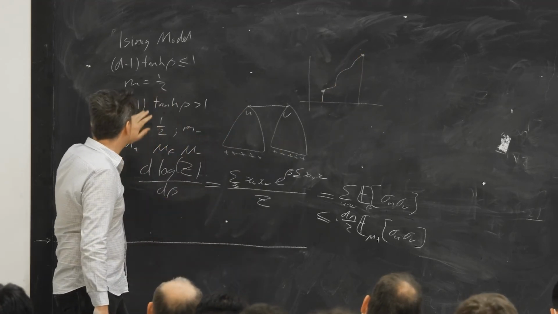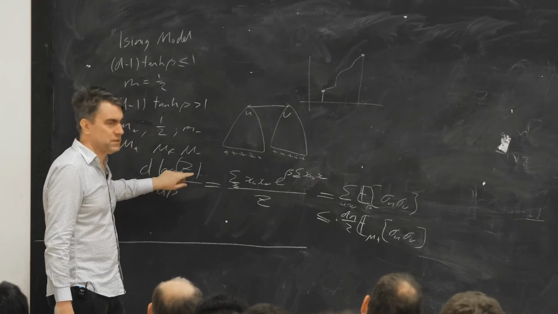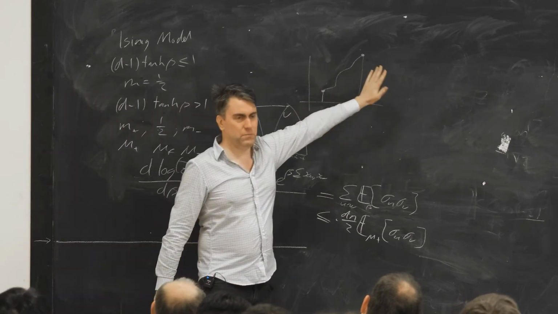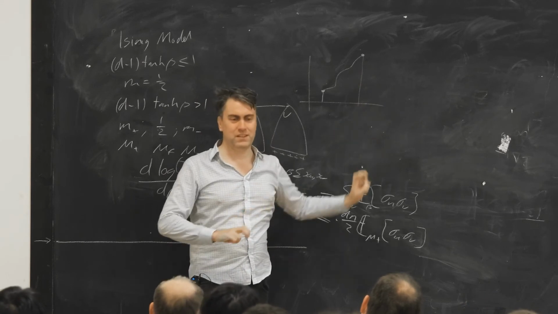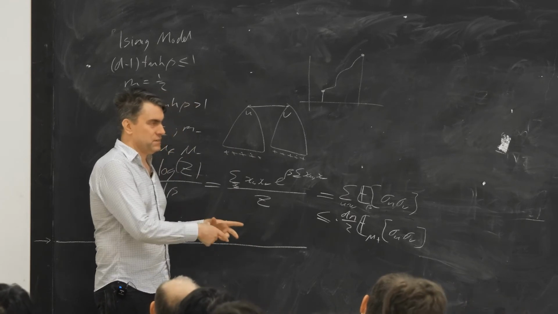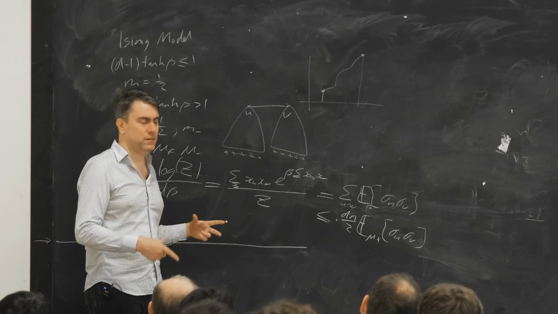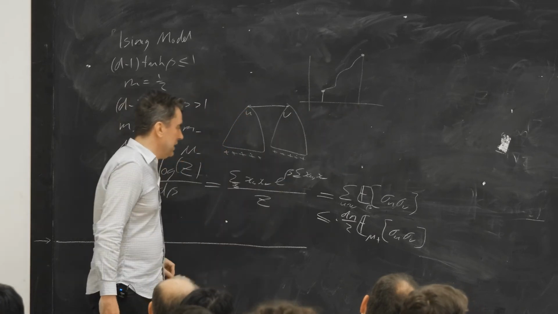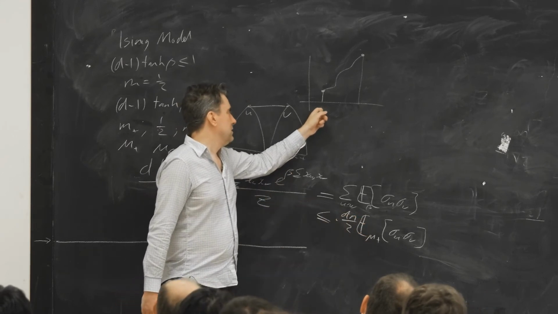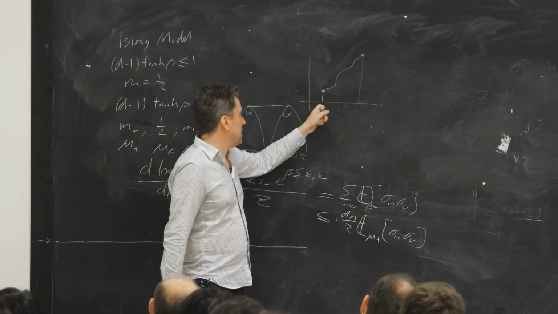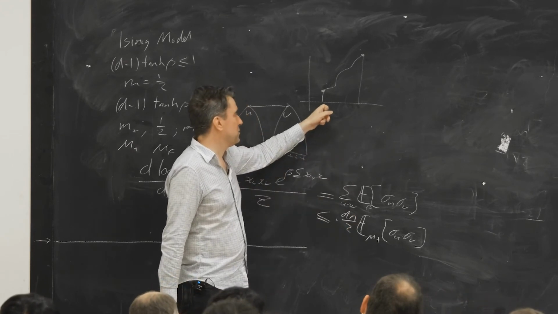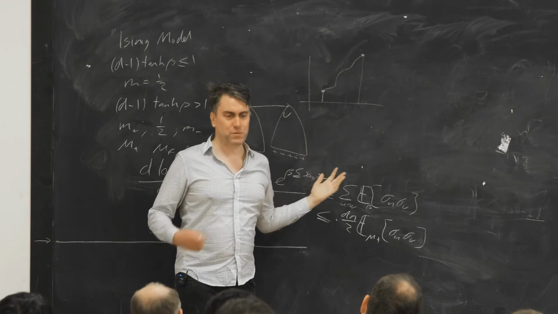And I know exactly what the partition function is when beta equals 0. And I also know what the partition function will be when beta equals infinity, or something close to that, because the best thing to do is just have everything be plus or everything be minus. So I know the starting point and the end point, and I have an upper bound on the derivative, and the integral of the upper bound is equal to the difference between the starting point and the ending point.